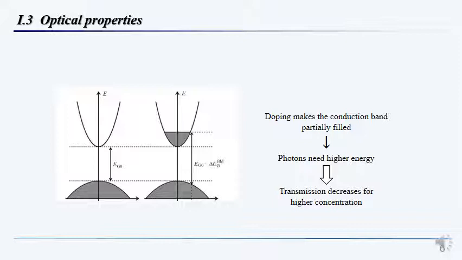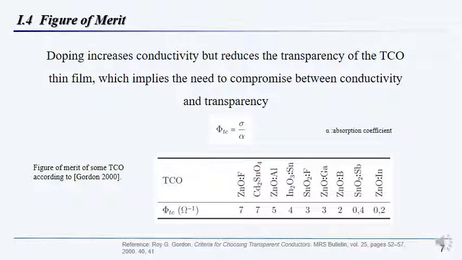So the transmission decreases. Doping increases the conductivity, but it also has an impact on the transparency of the film. So a compromise between conductivity and transparency needs to be found.